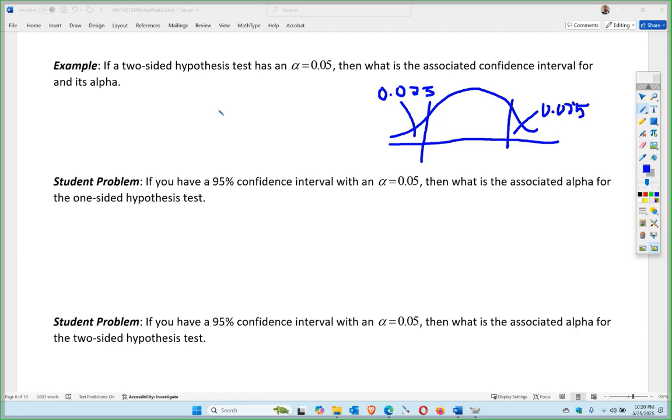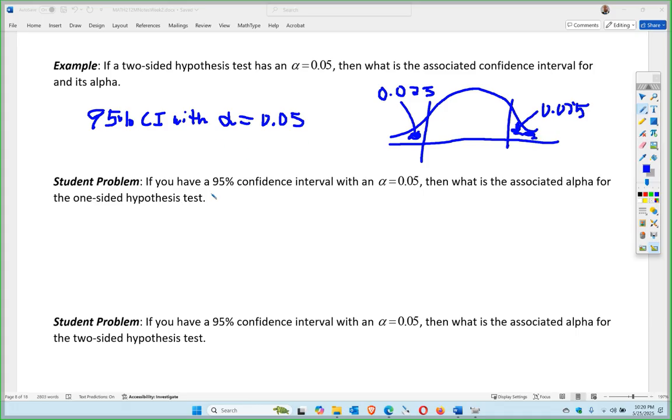And the confidence interval is going to be a 95% confidence interval, with an alpha of 5%, because the hypothesis test was two-tail, and so was the confidence interval.